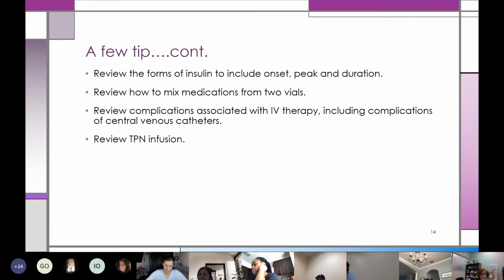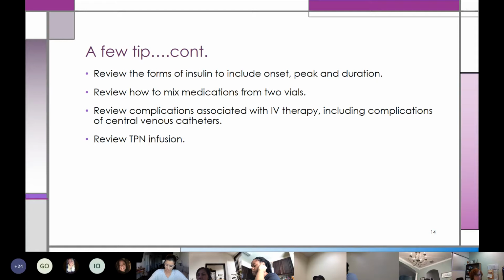That is specifically mentioned on the detailed test plan that students or graduate nurses must be able to mix. It doesn't necessarily have to be insulin, but just review how to mix those medications. If you're using 2 vials, which one do you do first? Because remember, with vials, you have to have the air.